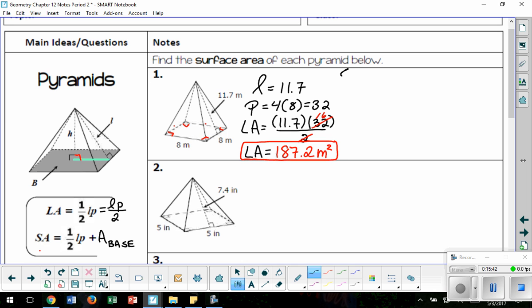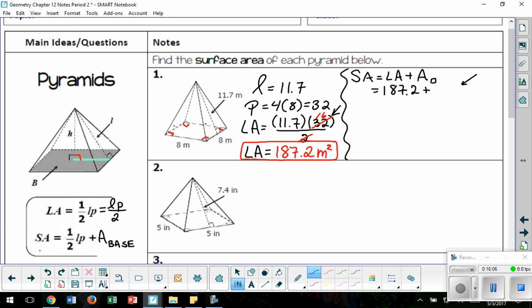So surface area is your lateral area plus the area of the base. Area of the base is a square, so my lateral area is 187.2. Okay, here comes your plug-in right here.